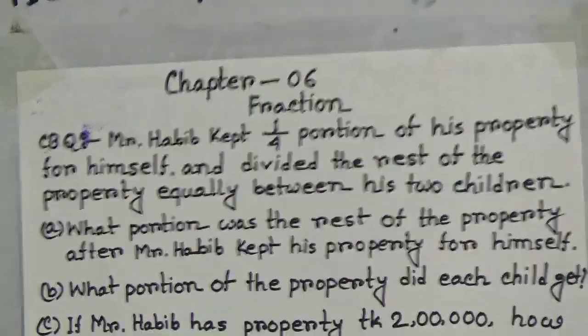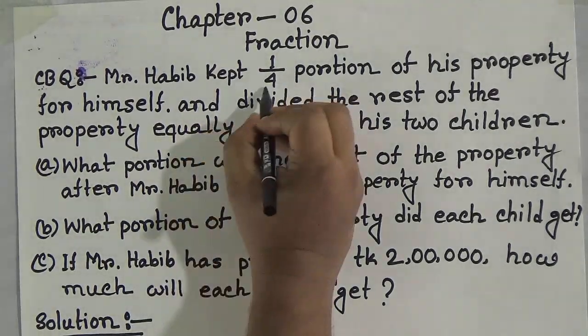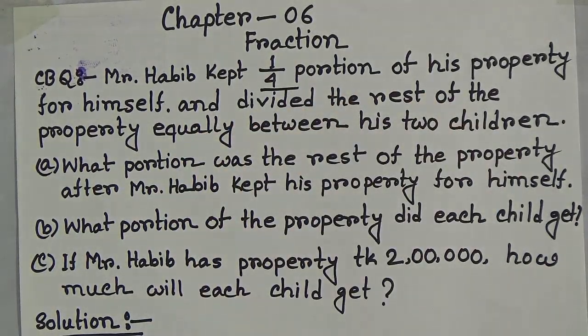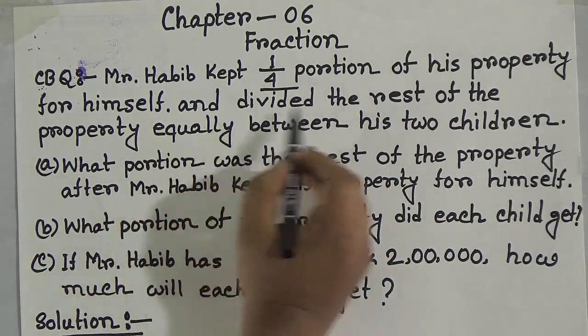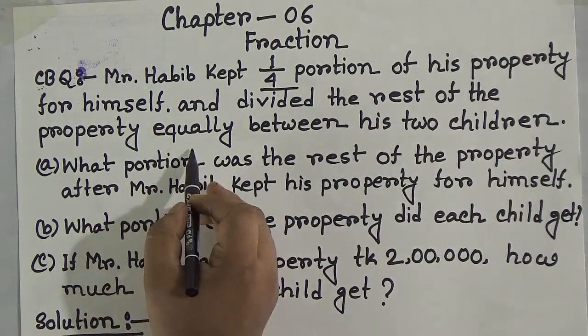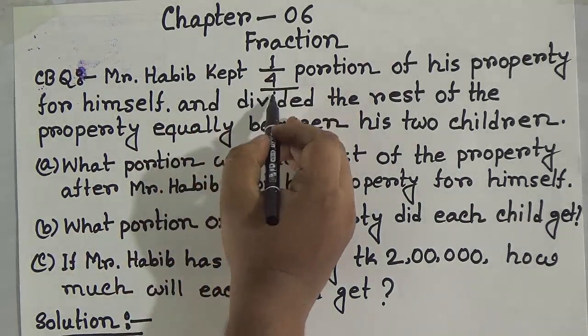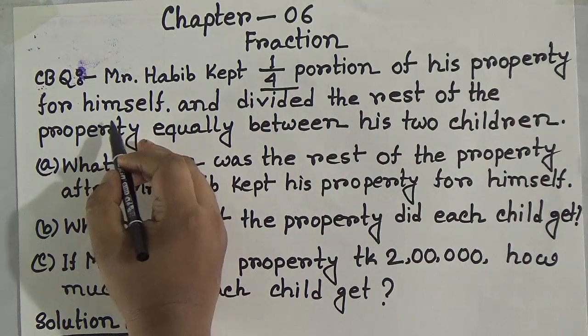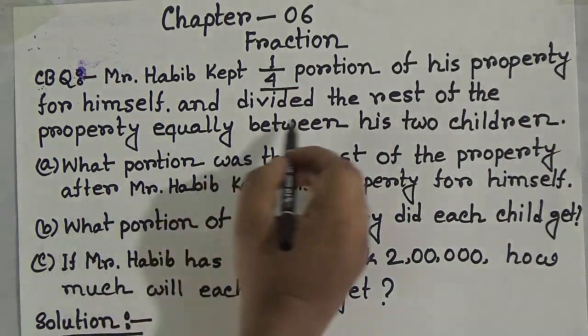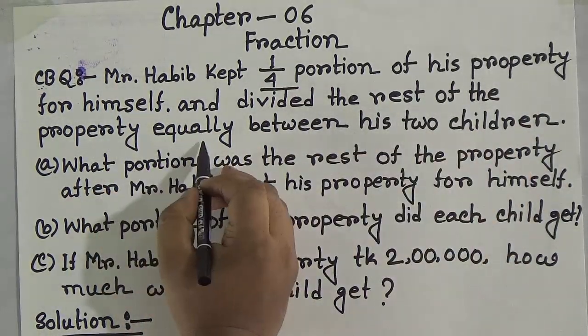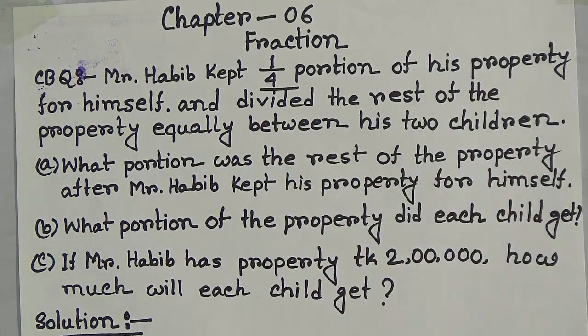First CBQ: Mr. Habib kept 1/4 portion of his property for himself and divided the rest of the property equally between his two children. I repeat, Mr. Habib kept 1/4 portion of his property for himself and divided the rest of the property equally between his two children.